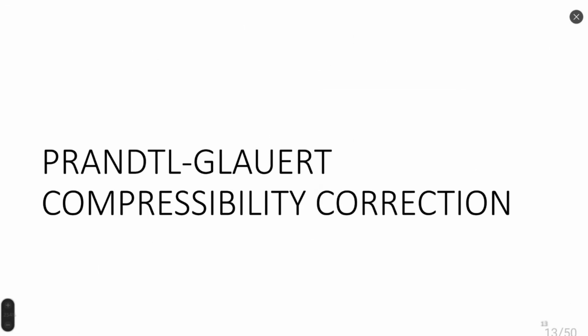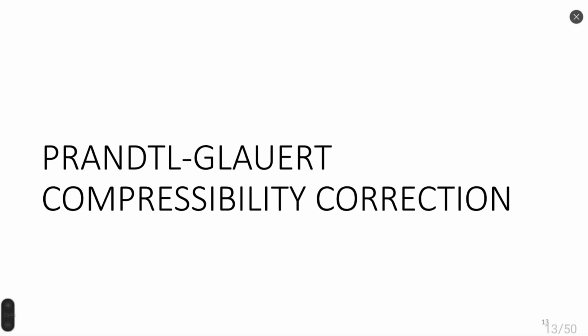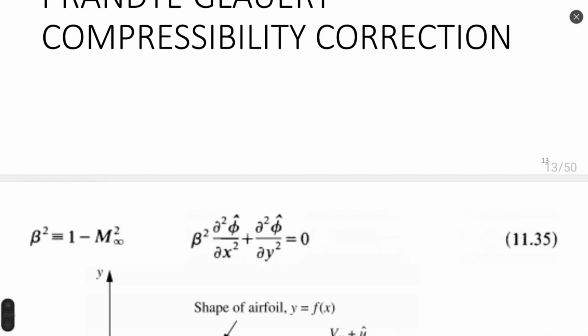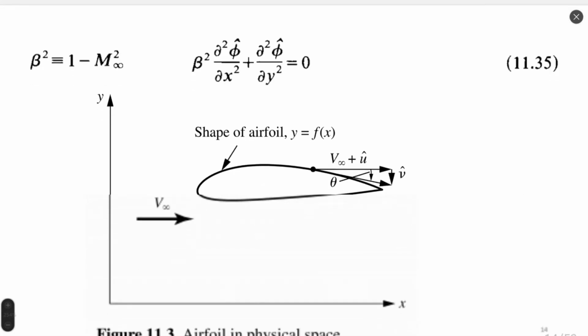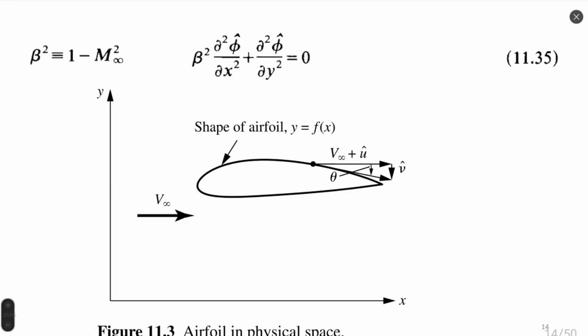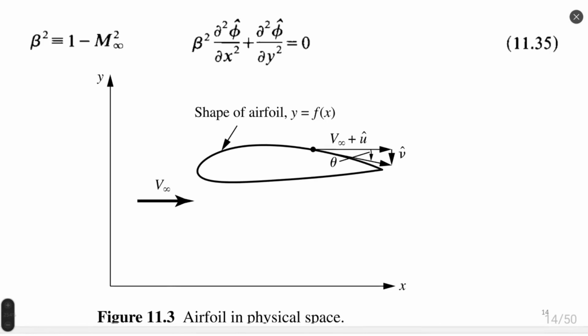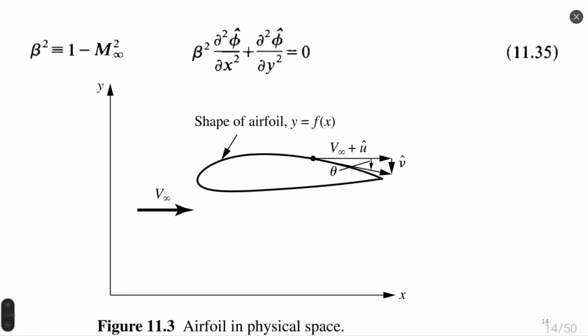This is why in the 1930s and 1940s so-called compressibility corrections were developed. Such compressibility corrections have the purpose to improve the quality of the solution of this equation and to have data closer to real experimental data or real flow data.